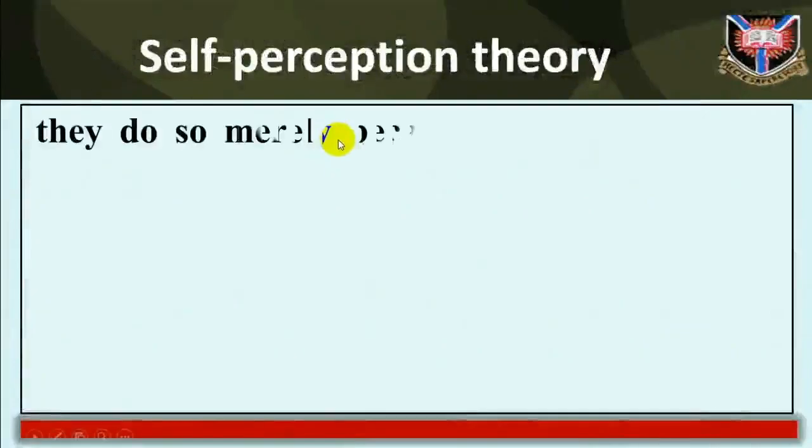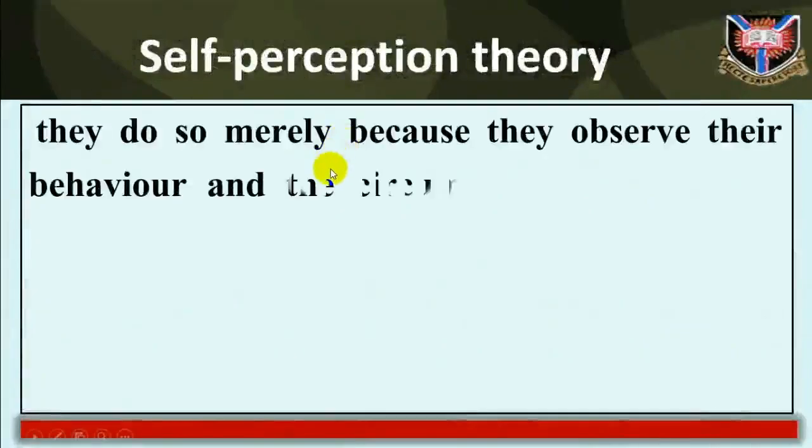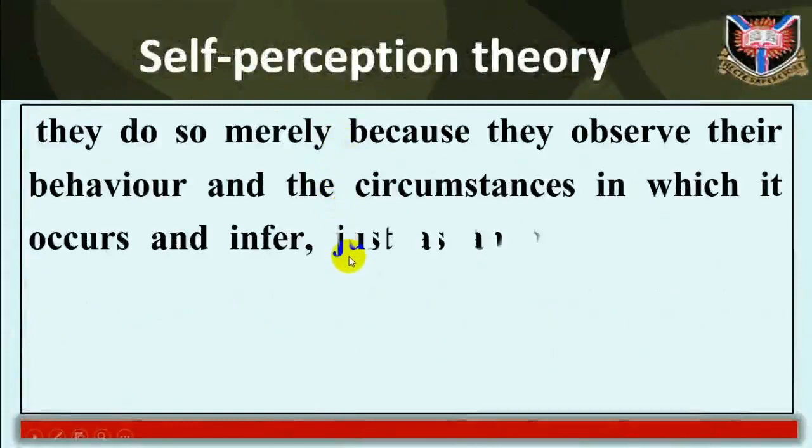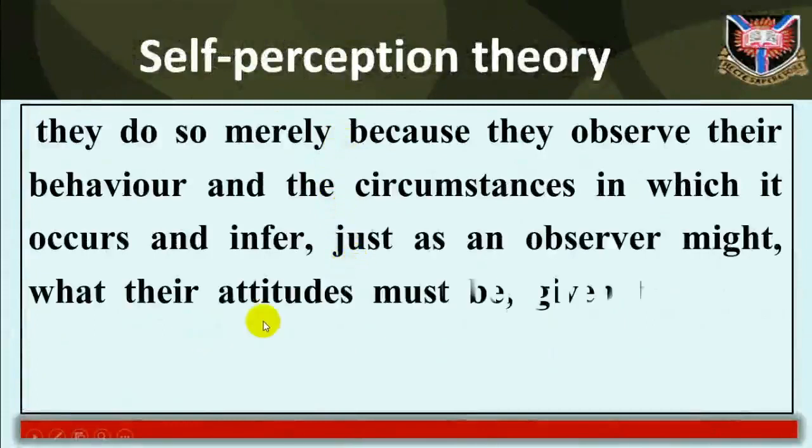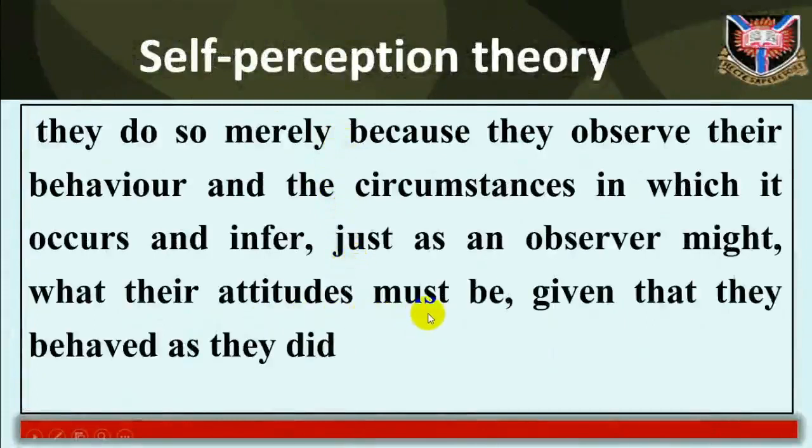They do so merely because they observe their behavior and the circumstances in which it occurs and infer, just as an observer might, what their attitudes must be, given that they behaved as they did. Whereas self-perception may well play a role in generating the effects in many dissonance experiments, some evidence clearly indicates that there is often a motivational component as well.